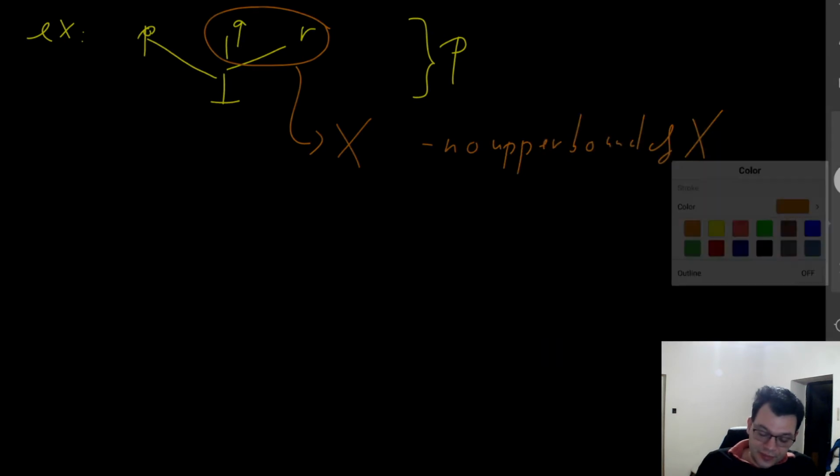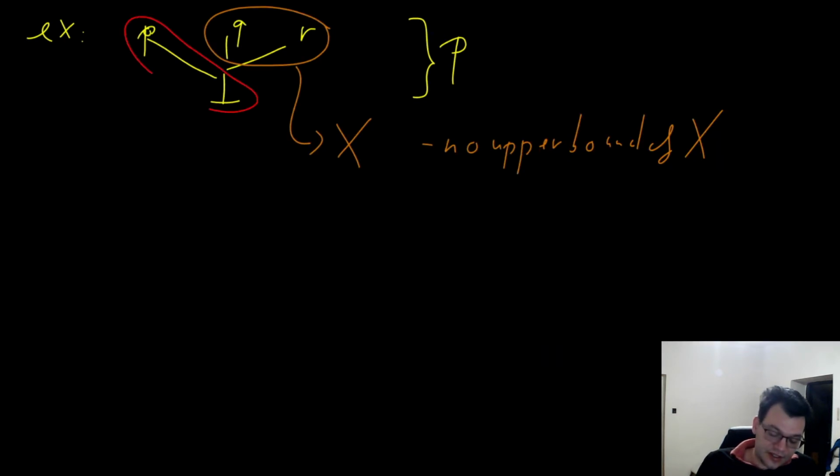If I would pick this one here as X, then P is an upper bound, because P is at least as large as P, of course, and P is at least as large as this bottom element, the least element.